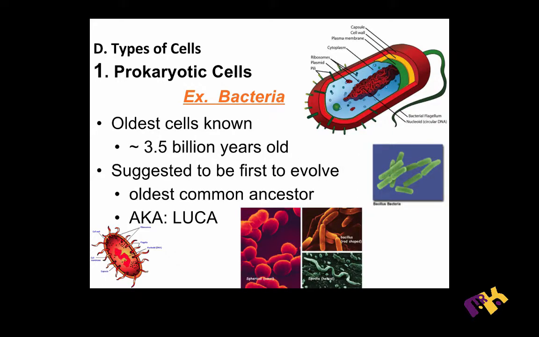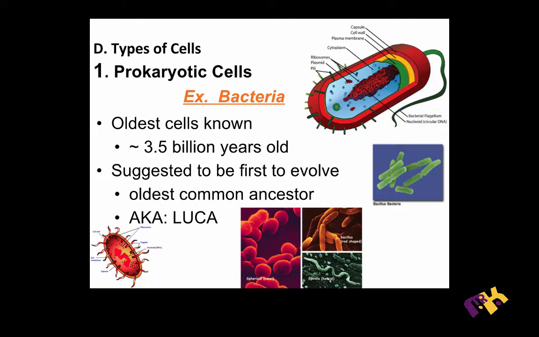All right, so the oldest cells known are prokaryotic cells that we find in impressions or fossil remains, looking at them at the microscopic level. And they've been dated to around 3.5 billion years old. We talked about LUCA before, the last universal common ancestor, in terms of the hominids, like Homo sapiens branching out from the different hominids.